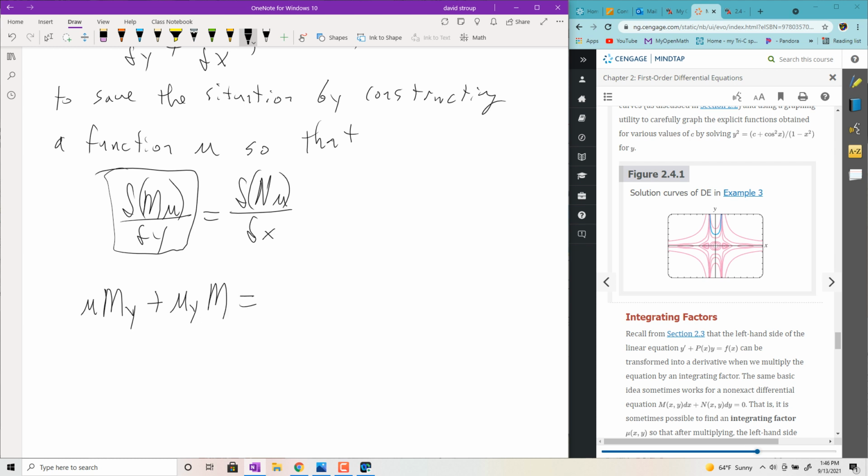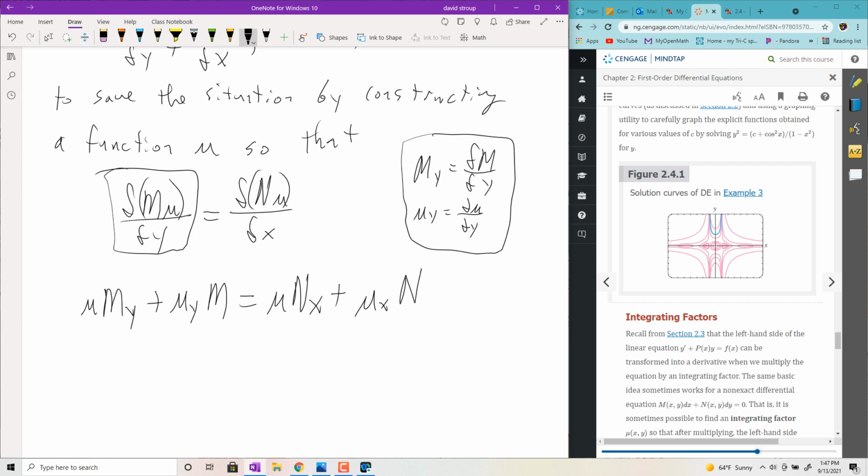And on the other side, that should equal the partial of n with respect to x times mu. So you get mu times n sub x, plus then you leave n alone, take the partial of mu with respect to x. So you get mu with respect to x times n, where again this notation m sub y, that's basically just the partial of m with respect to y. Mu sub y is the partial of mu with respect to y, etc. Okay, in case you've not seen that notation before.